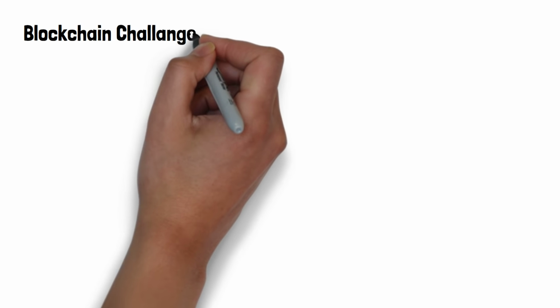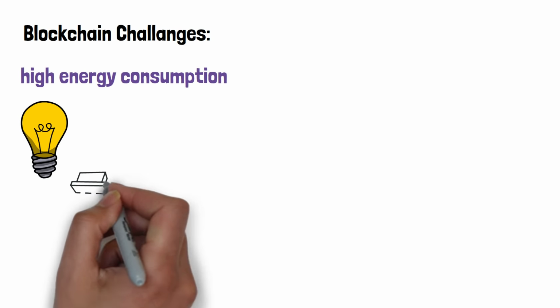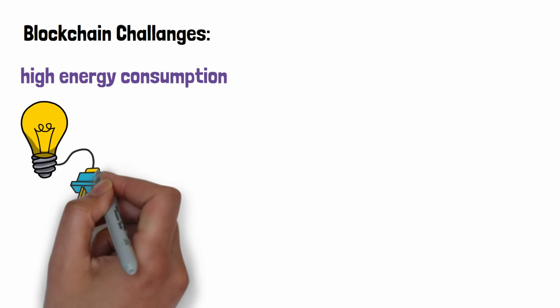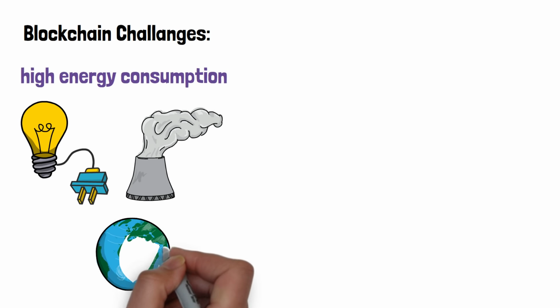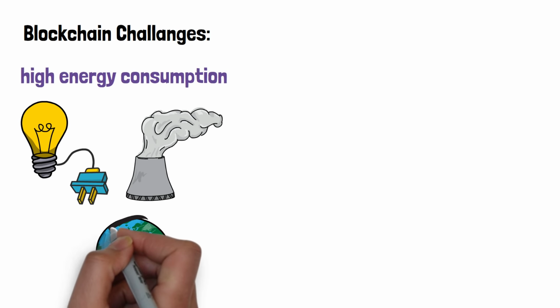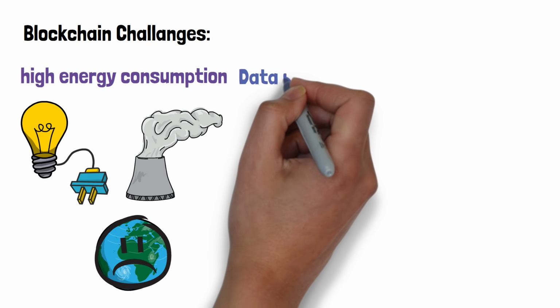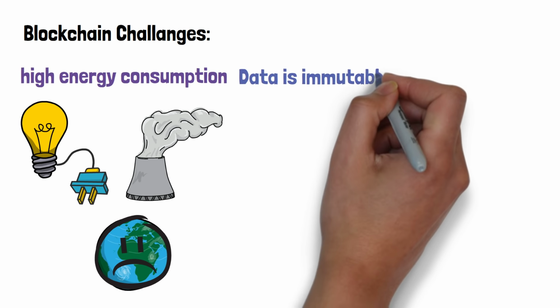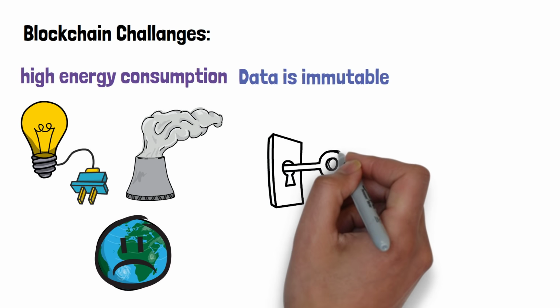However, like any other technology, blockchain has some shortcomings. The first problem here is high energy consumption, caused by the underlying mechanism of blockchain. This mechanism is built based on proof of work technology, when lots of computer resources need to be spent to confirm new blocks in the network. Data in the blockchain is immutable, while being one of the advantages it also prevents users from removing data related to their activities.